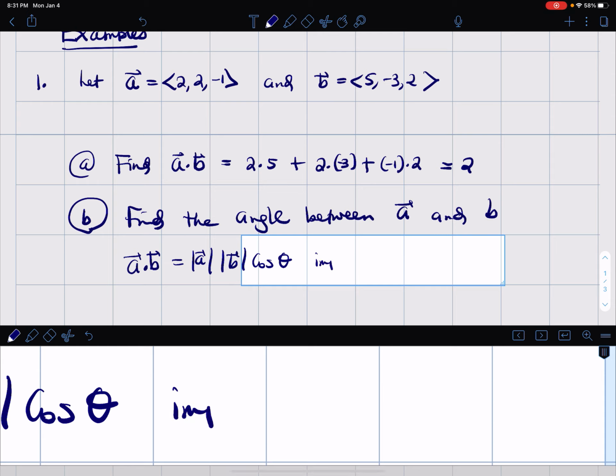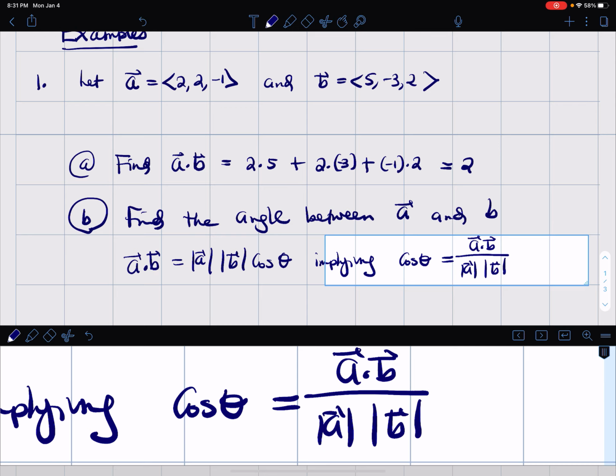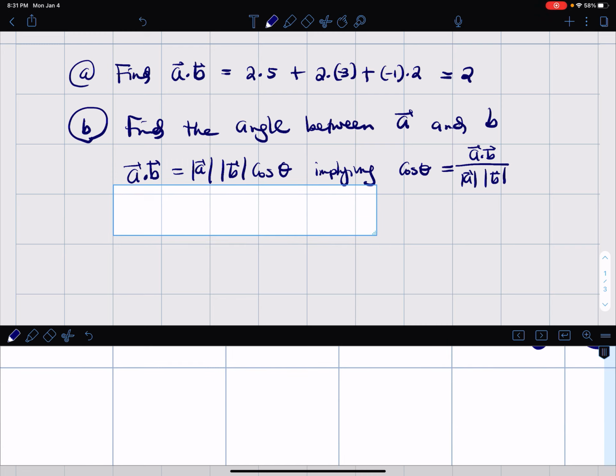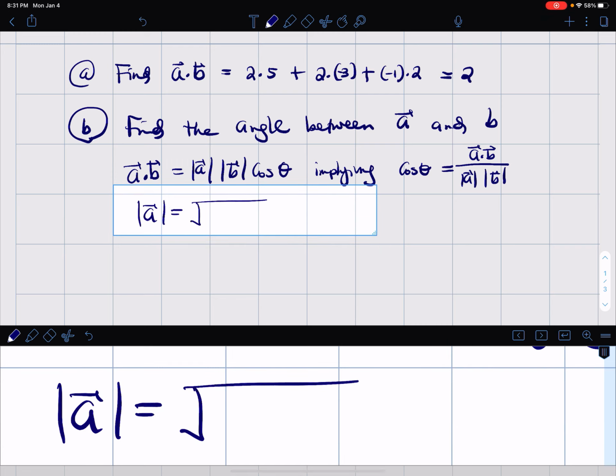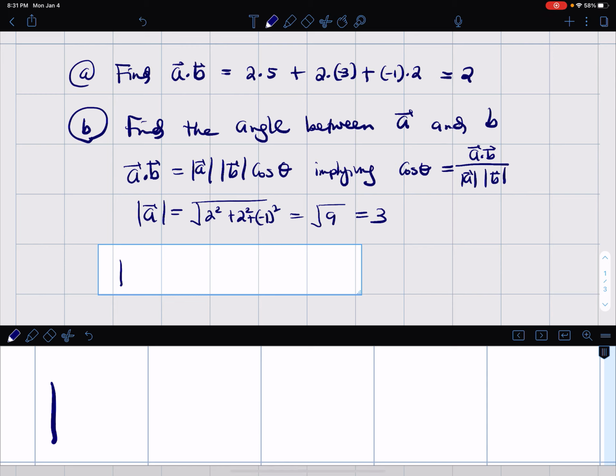So this implies that cosine of theta, the angle between them, is simply A dot B all over magnitude of A times magnitude of B. Okay? So we need to find the magnitude of A, which is square root of 2 squared plus 2 squared plus negative 1 squared. This should give us square root of 9, which is 3. Check my results.